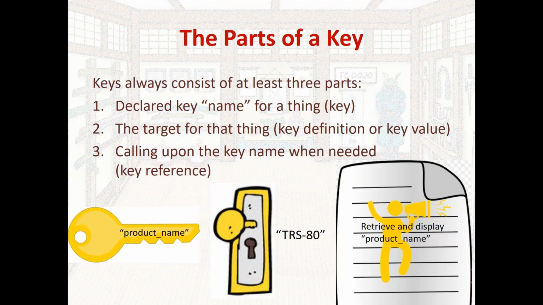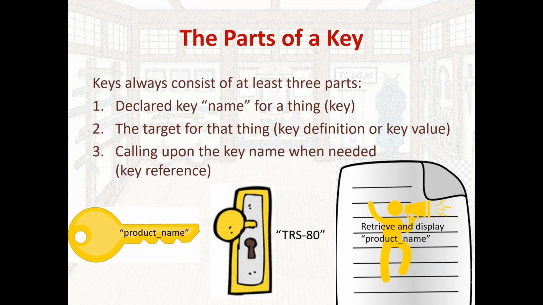So now let's have a look at the parts of a key. And keys, I would argue, always consist of at least 3 parts. So there is the first part, which is the declared key name for a thing, which is typically called the key, and that's embodied by the image of the key in the bottom left that has product name.